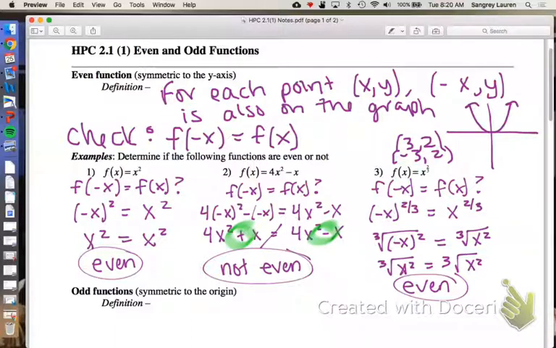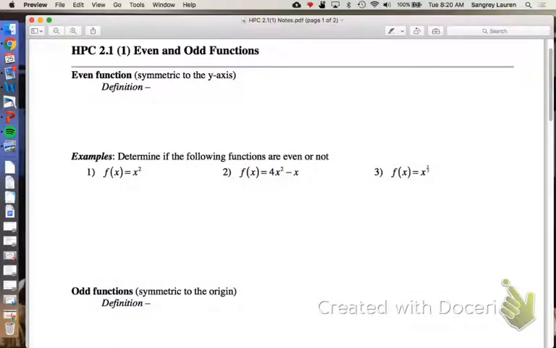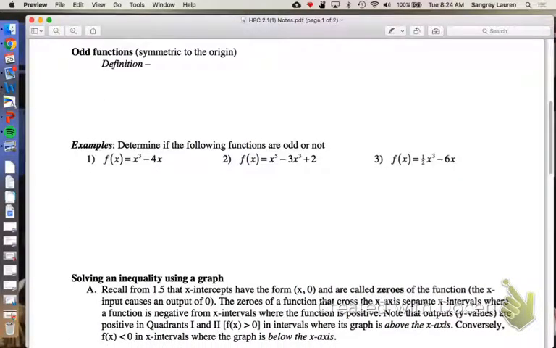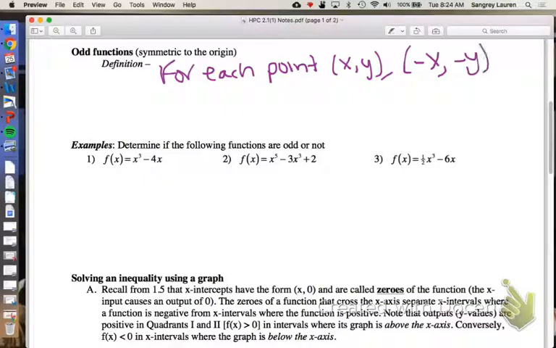Awesome. All right, so next we have an odd function. This is different. This is symmetric to the origin, whereas the even functions were symmetric to the y-axis. So our definition for the odd function: for each point (x, y) on our graph, the opposite of x and the opposite of y is also on the graph.